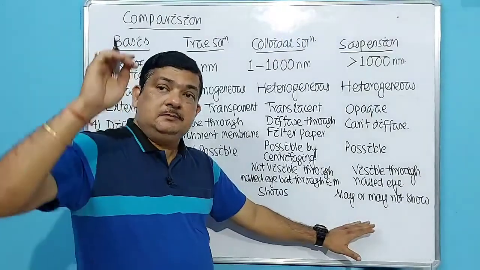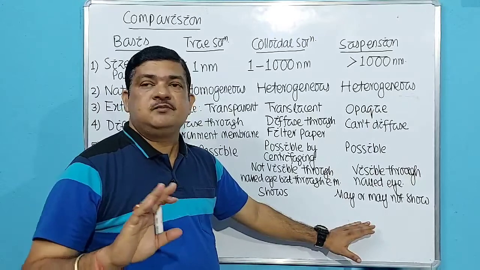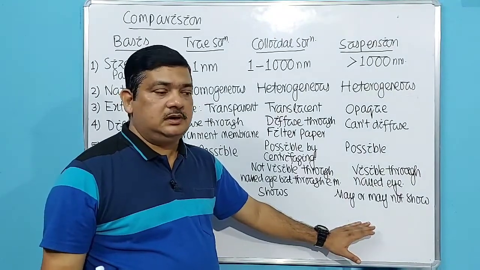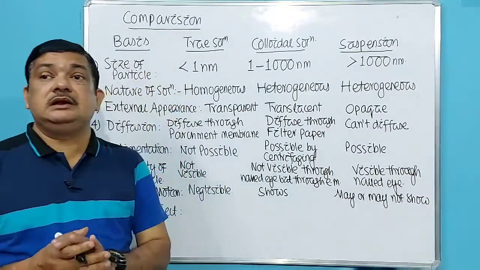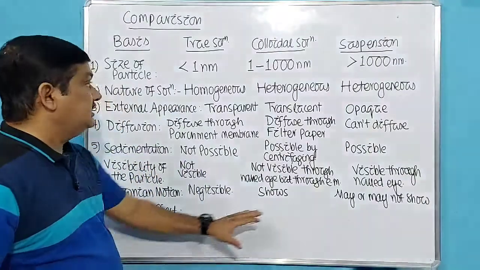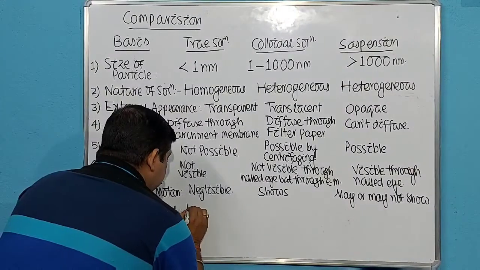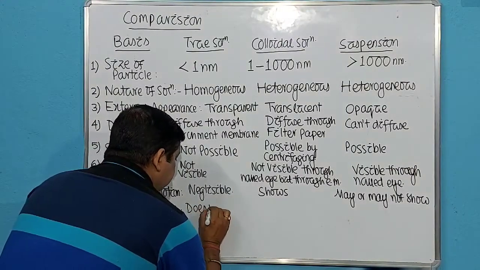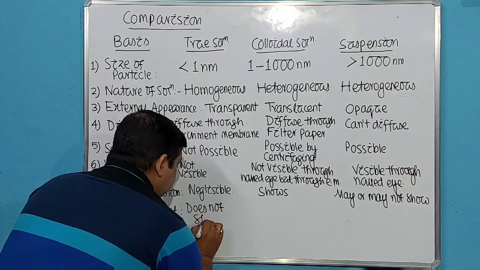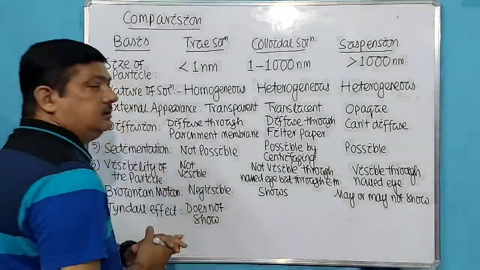In case of suspension, because they settle down early, here also it is negligible. But Tyndall effect is clearly shown in case of the colloidal solution. The true solution does not show Tyndall effect.